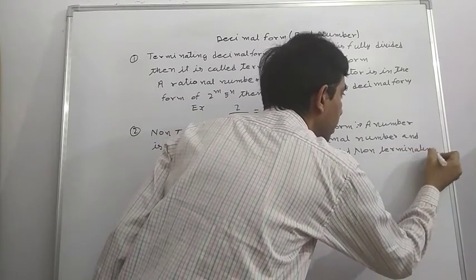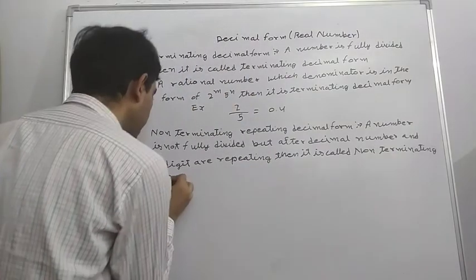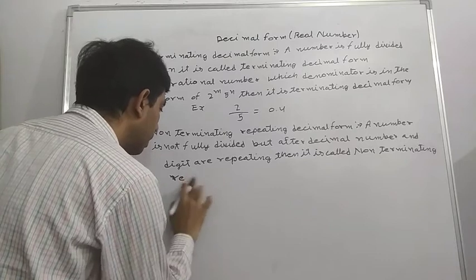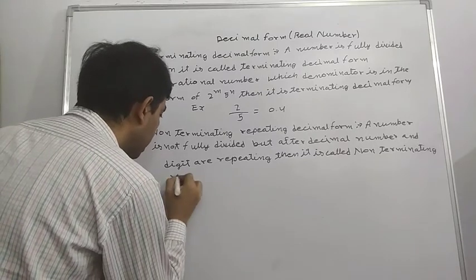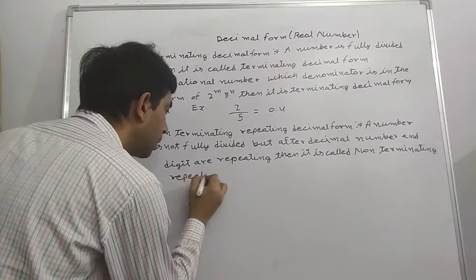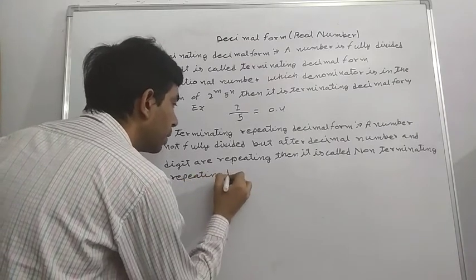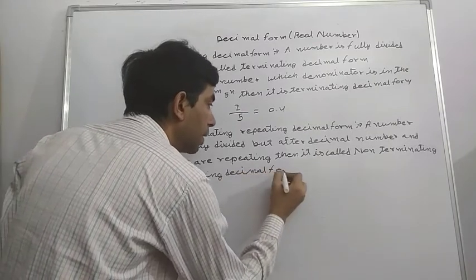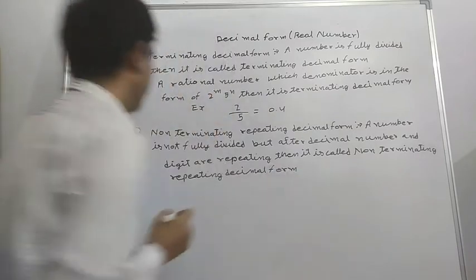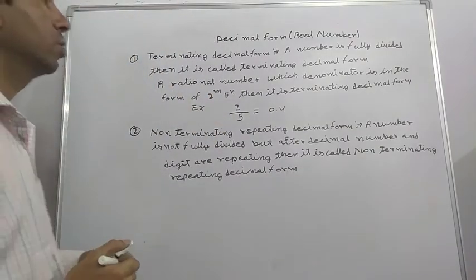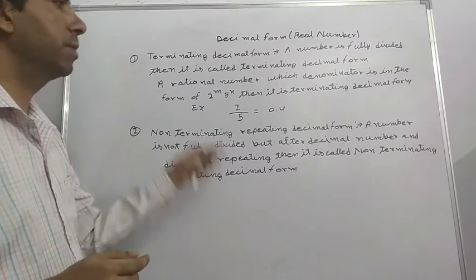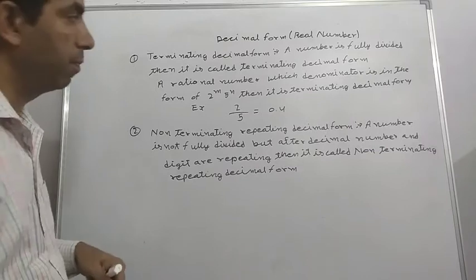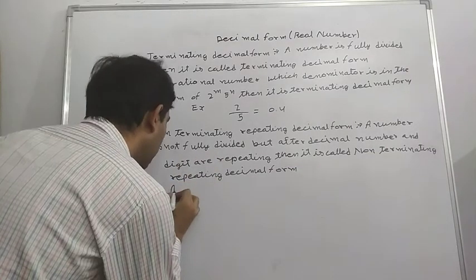So if a number is not fully divided, but after the decimal the digits repeat, then it is called non-terminating repeating decimal form. It is also a condition of a rational number.